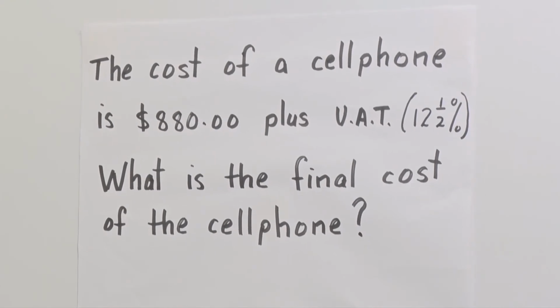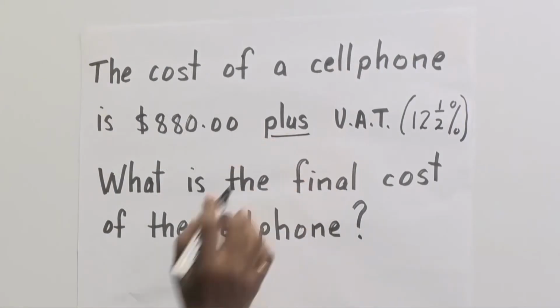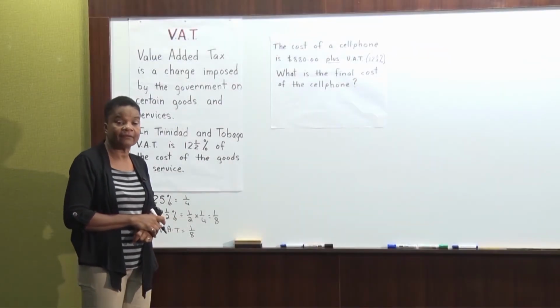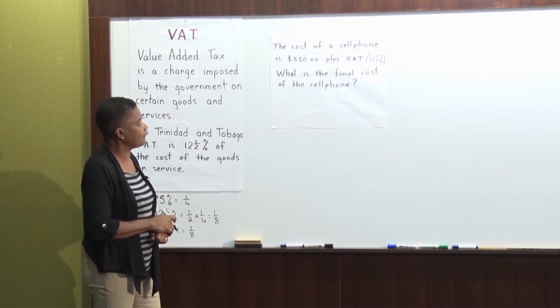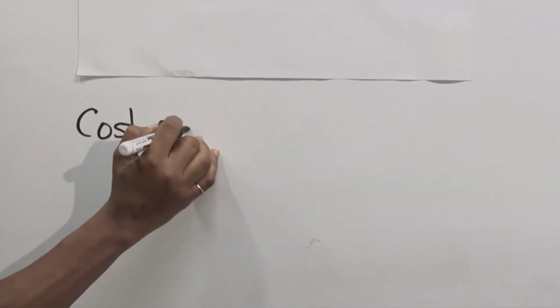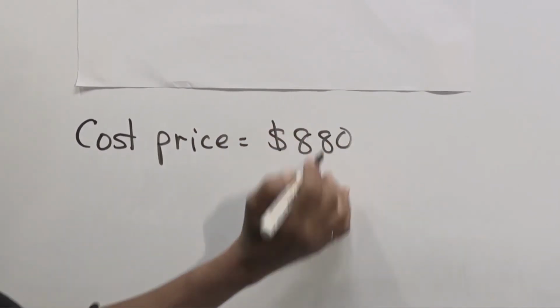How are we going to do this question? The sum says plus VAT. Therefore, the first thing we should find is the VAT, not so? So let's find the VAT. The cost price is $880.